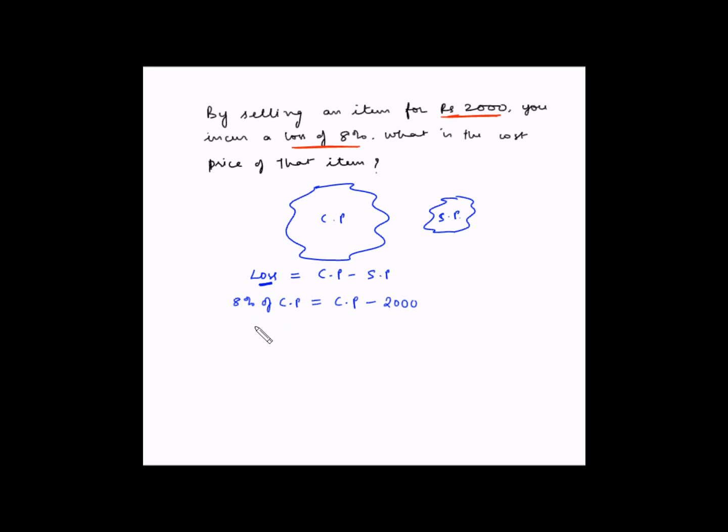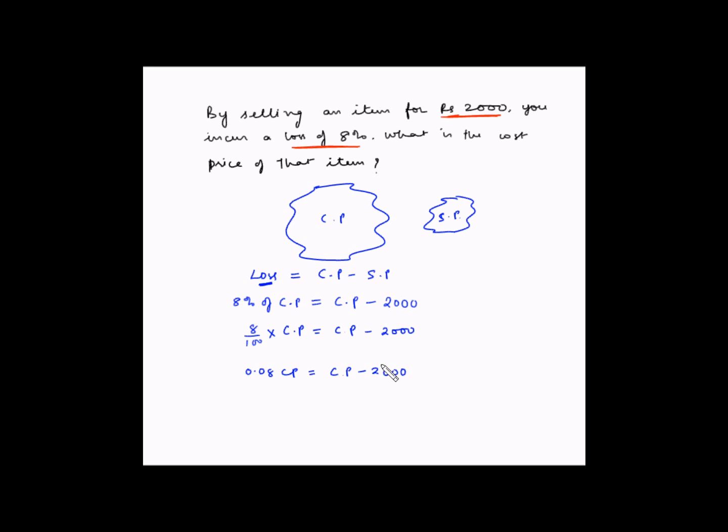Now 8% of CP is 8 divided by 100. So this is the expression of 8% multiplied by the cost price, which is equal to the cost price minus 2000. So 8 divided by 100 is 0.08 CP is equal to CP minus 2000.